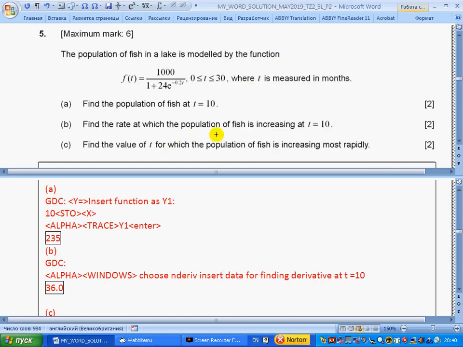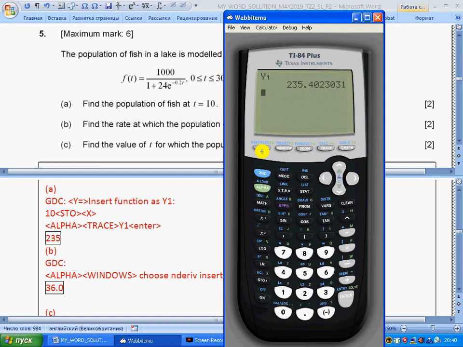Find the rate at which the population of fish is increasing at t equals 10. And then find the value of t for which the population of fish is increasing most rapidly. What if we combine these two questions? So we go to y equals, here we make clear, now we need the derivative. Derivative is 3.